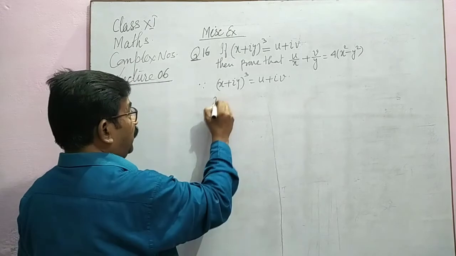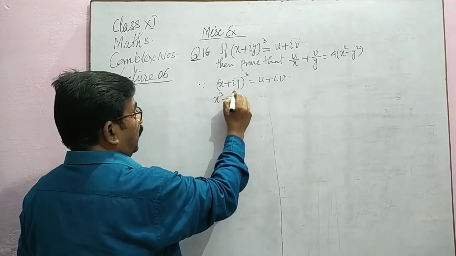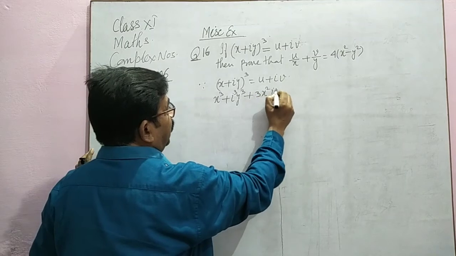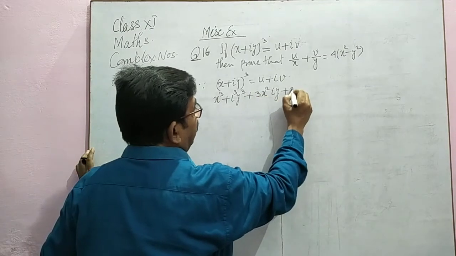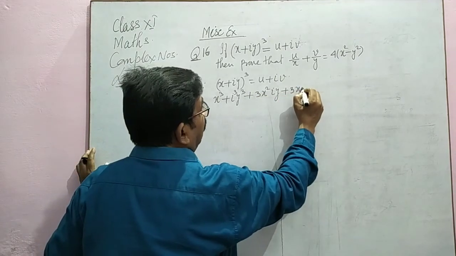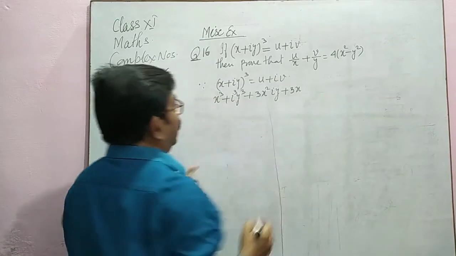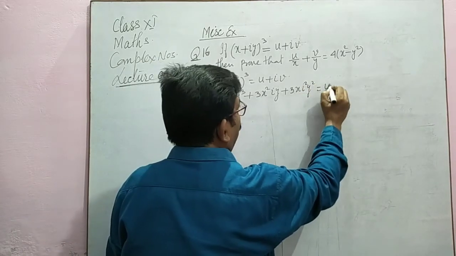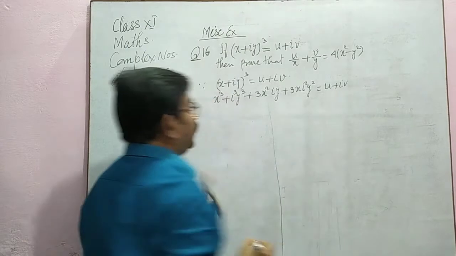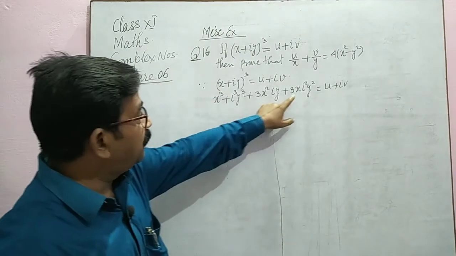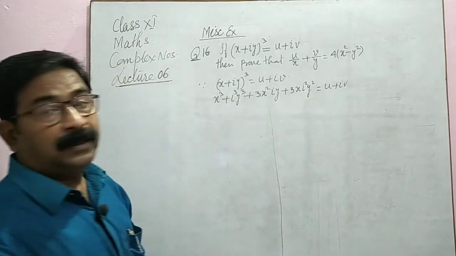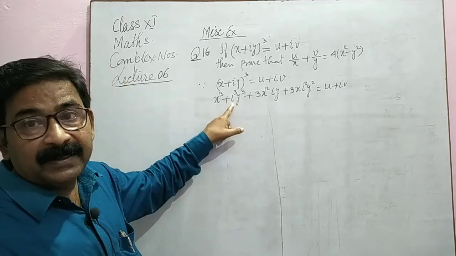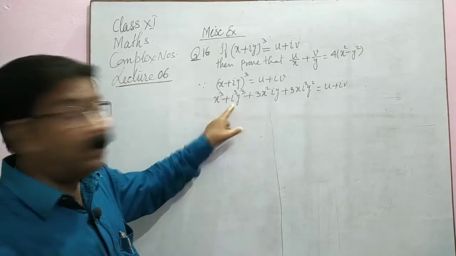What is the formula? a³ + b³ + 3a²b + 3ab², so x³ + i³y³ + 3x²(iy) + 3x(i²y²) = u + iv. Now i³ is equal to −i.